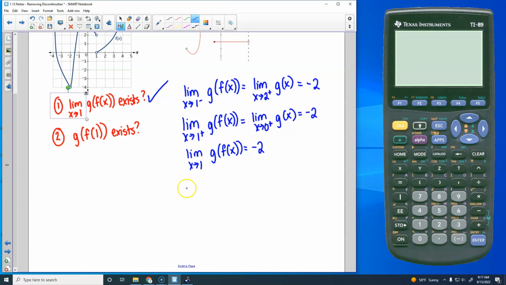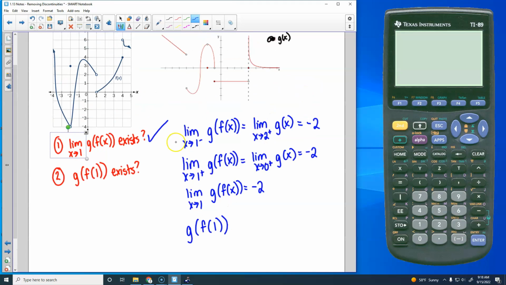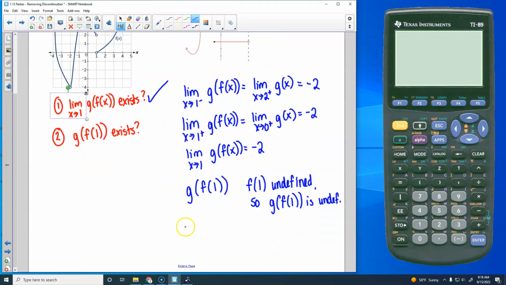Does it? G of f of 1, does f of 1 exist? It does not. F of 1 is undefined. So, g of f of 1 is undefined. Alright.